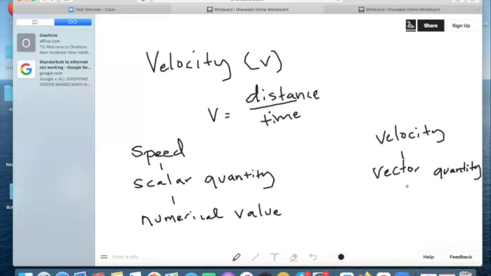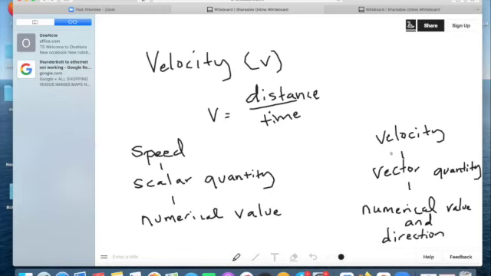And please ignore my chicken scratch. It is hard to kind of write on imaginary lines here. Let's see. Vector quantity, and this is your numerical value and your direction.